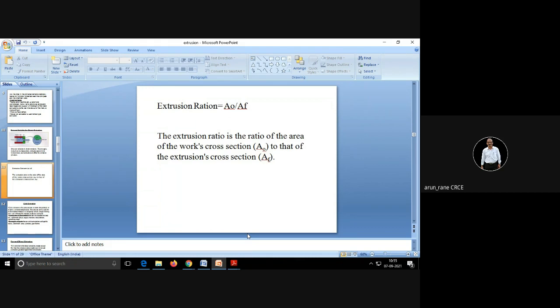Initially, suppose my workpiece diameter is 40, and after extrusion, suppose I want diameter 10, then my extrusion ratio will be 40 upon 10, that is 4 times. So it depends whether this 4 times ratio is possible or not.